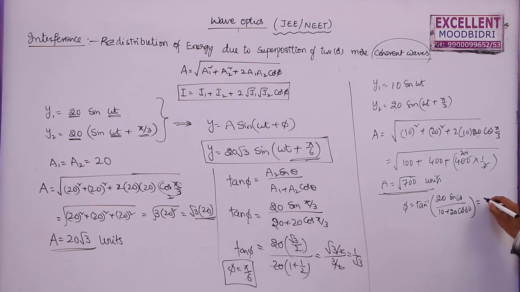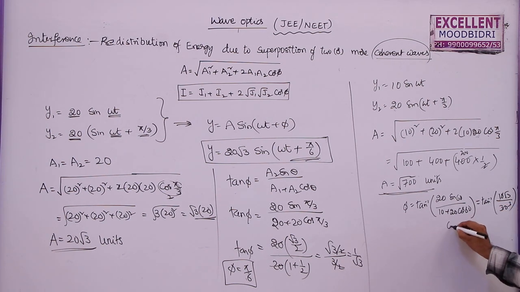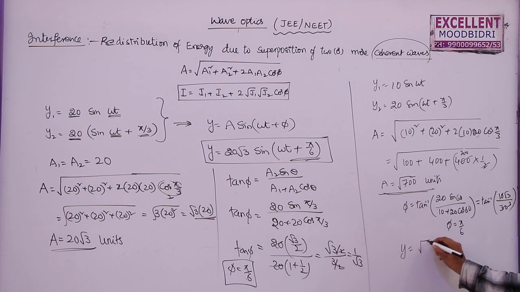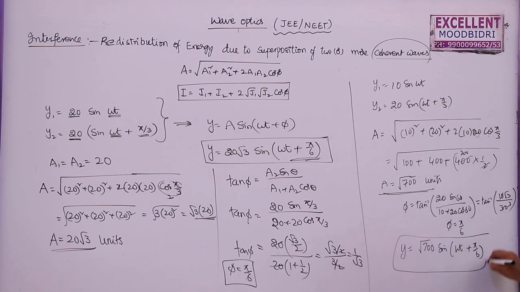So this can be written as tan inverse of 20 into root 3 by 2, that is 10 root 3, divided by 10 plus 20 into cos 60, which is 1 by 2, that is 10 plus 10, 20. So this is root 3 by 3, that is, 1 by root 3. So once again phi is pi by 6, or 30 degrees. So the resultant wave now will be root 700 sin(omega t plus pi by 6).